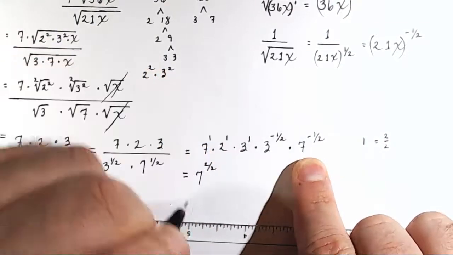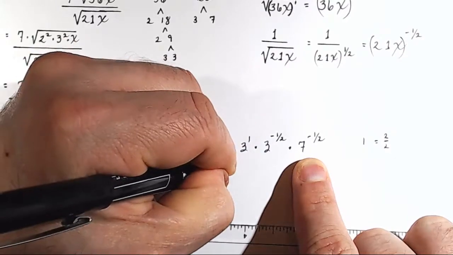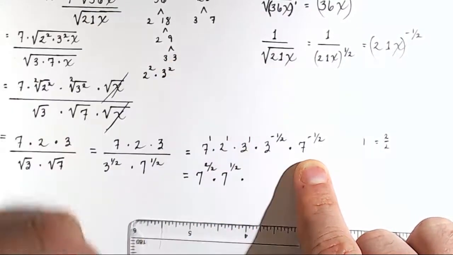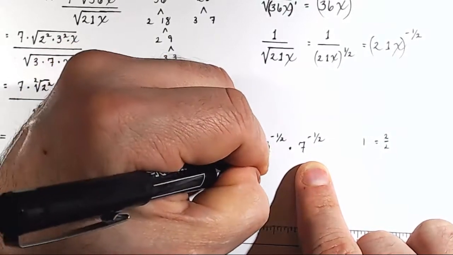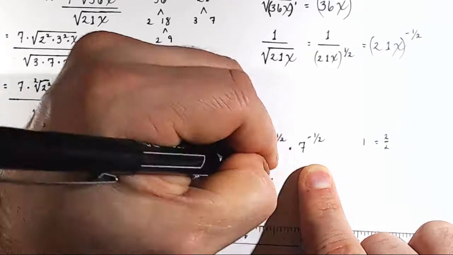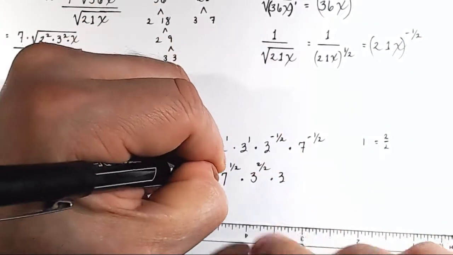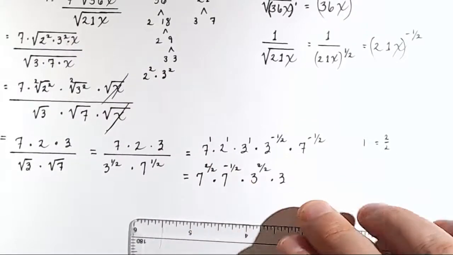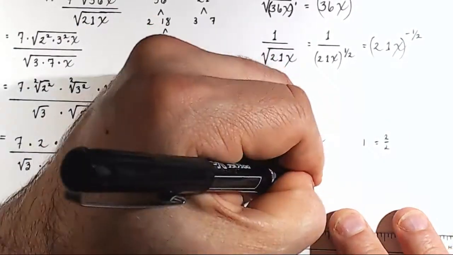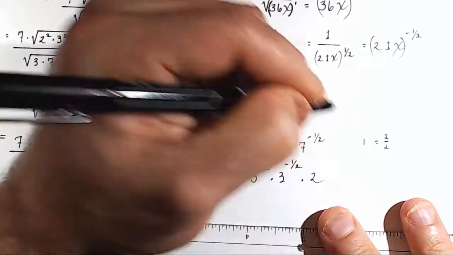And I'm going to put this one over here next to it, times 7 to the negative 1/2 power times 3 to the 2/2 power times 3 to the negative 1/2 power. Yeah, that should have been negative 1/2. Negative 1/2 power times, the only thing left is 2.